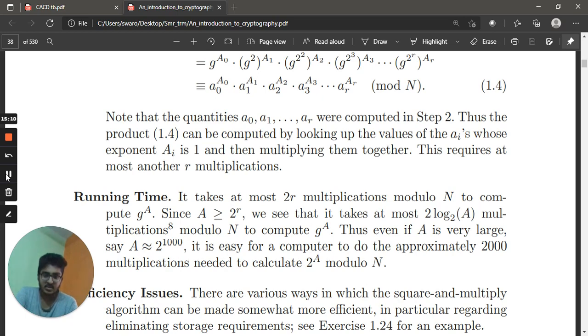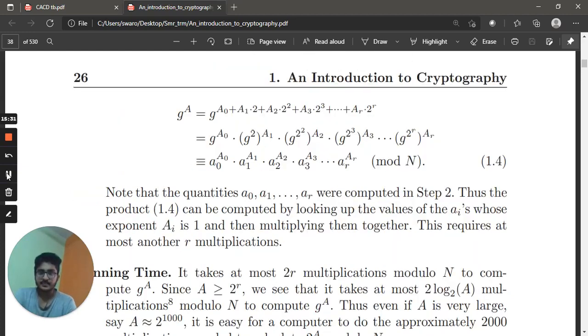Thus, even if a is very large, like a is approximately 2 power 1000, it is easy for a computer to do the approximately 2000 multiplications needed to calculate g power a modulo n. Modular arithmetic. Thank you.